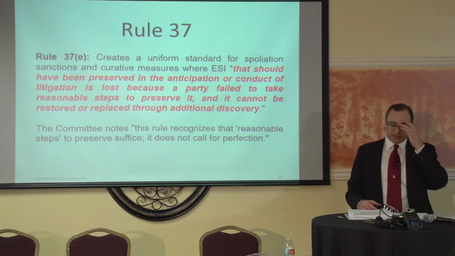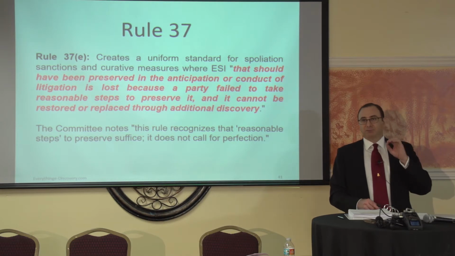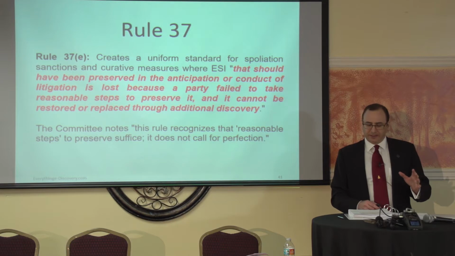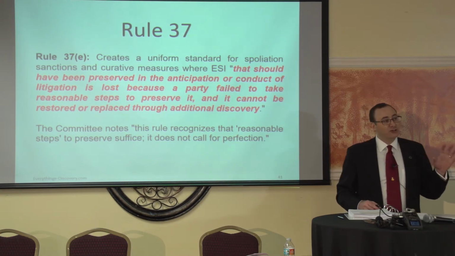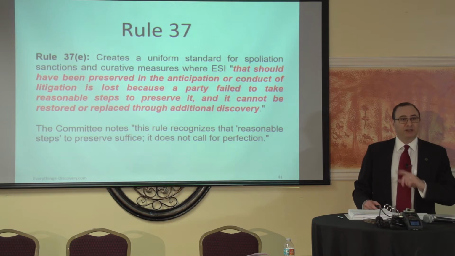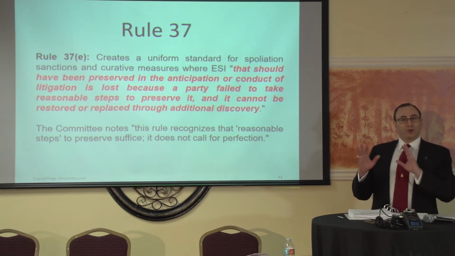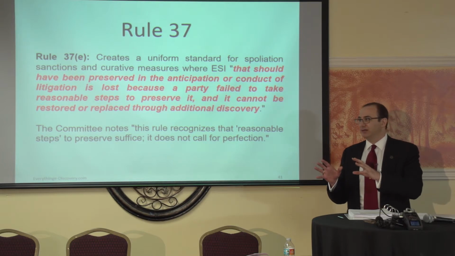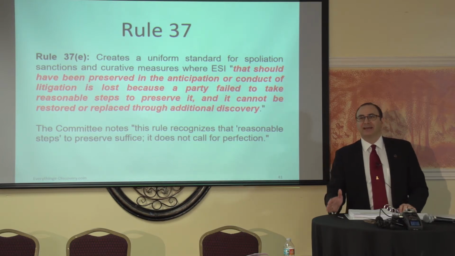Rule 37, the sanctions rule, this brings in two very specific new areas, if you will. It brings in the obligation to preserve, and it brings in this brand new, unique concept that it can't be replaced. So a party has to violate the obligation to preserve the data, but that in and of itself isn't enough anymore.